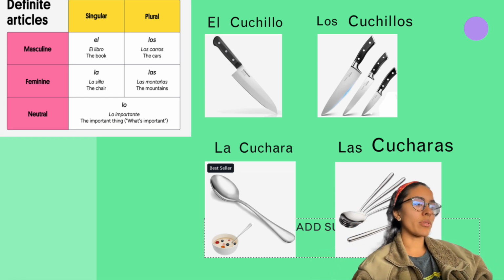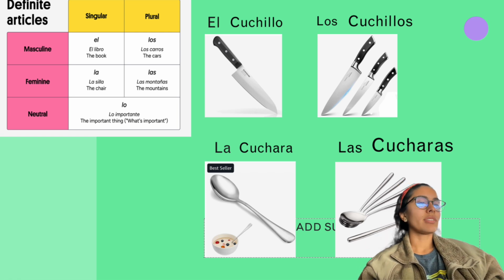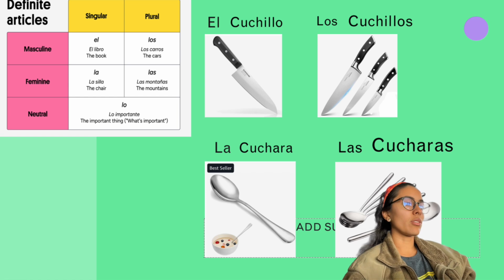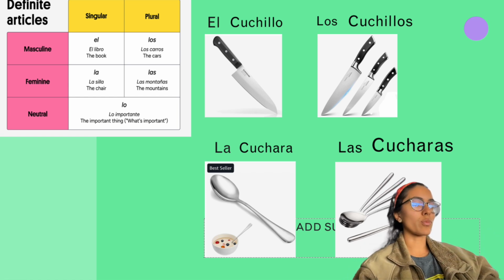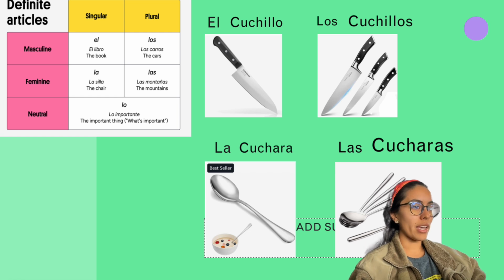Right. So if I want to say el cuchillo, it's the knife, and if I want to say los cuchillos, it's the knives, right? Yeah, got it. There's more sauce in the Spanish language, so you'll use el and you'll use los.